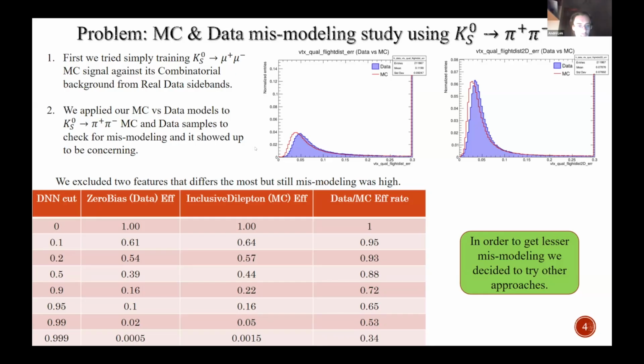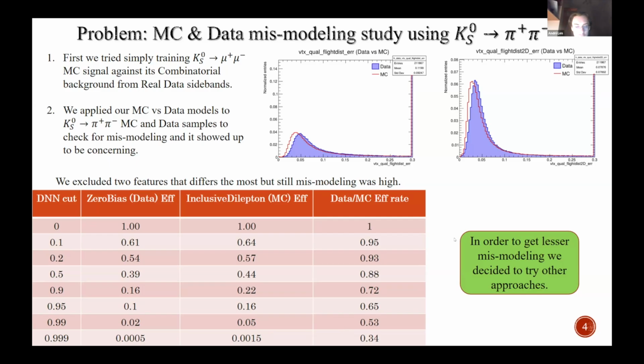As we established that we indeed have some mismodeling, which our models are learning, we needed to introduce corrections for it. As you can see in the last column of this table, corrections are pretty huge, especially at tight selections, in which we are particularly interested, because we need a strong combinatorial background suppression.